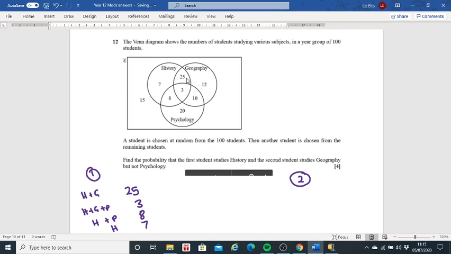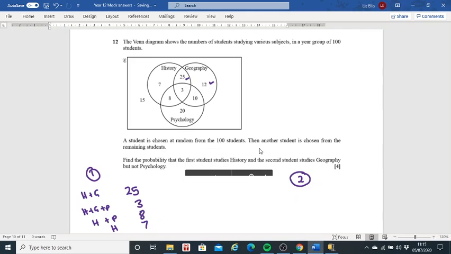Well, we've got the 25 people here that study geography but not psychology, the 3 people here who study psychology but not geography, and the 12 people here who study history but not geography. We ignore anybody that happens to be in this bubble here. And that is our 37 over 99.